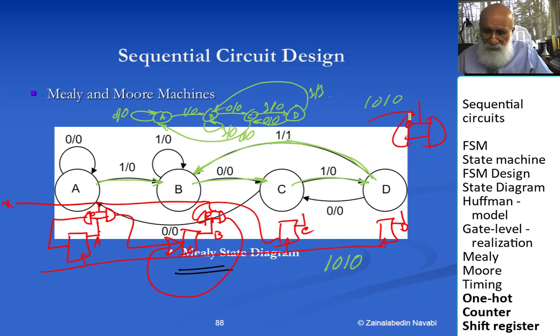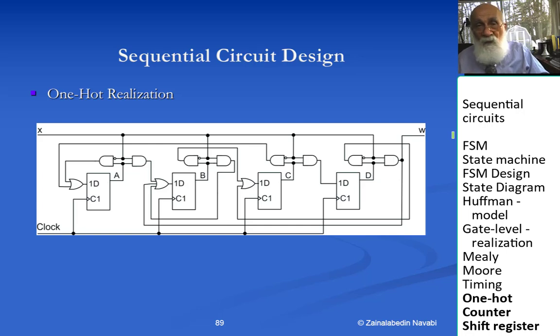A 1 input will give you just a straight through line from the input to the AND gate. This implementation is very easy. You don't need any Carnot maps, you don't need any transition tables or anything, but you use more flip-flops but fewer logic gates.